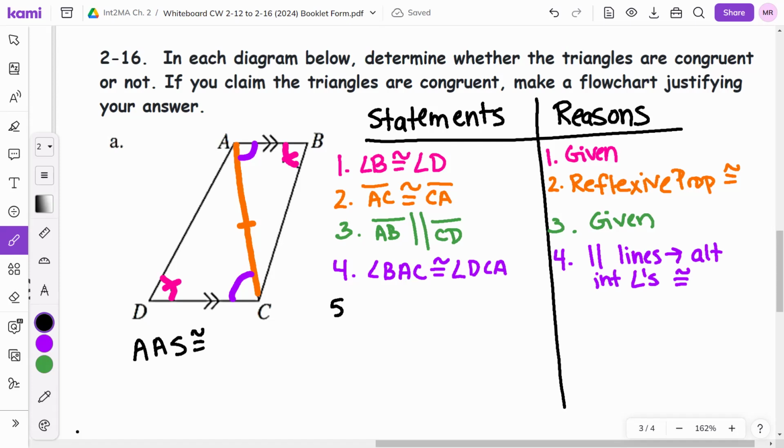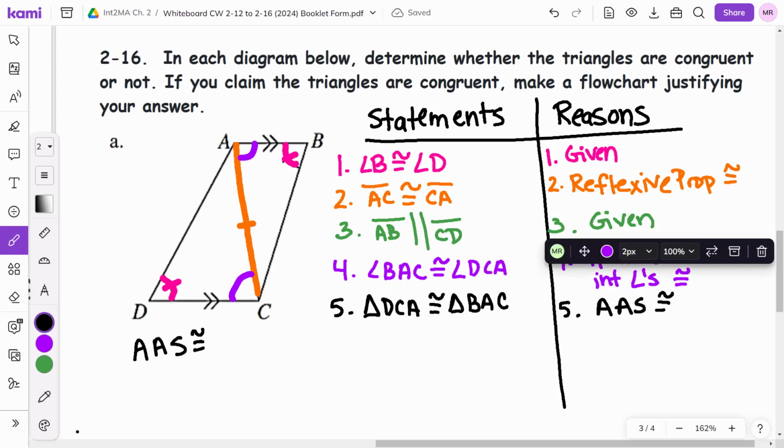So I'm going to say triangle DCA is congruent to triangle BAC. Reason: angle, side congruence.